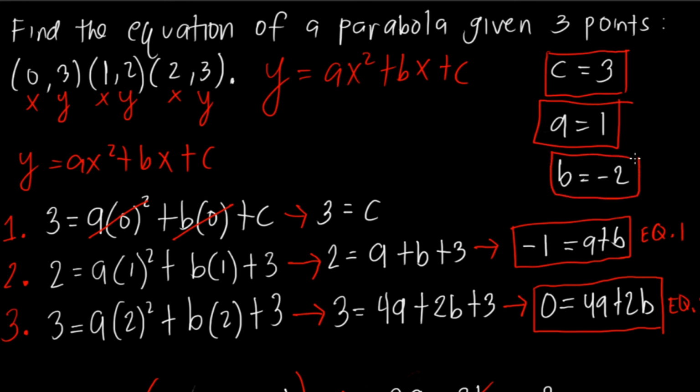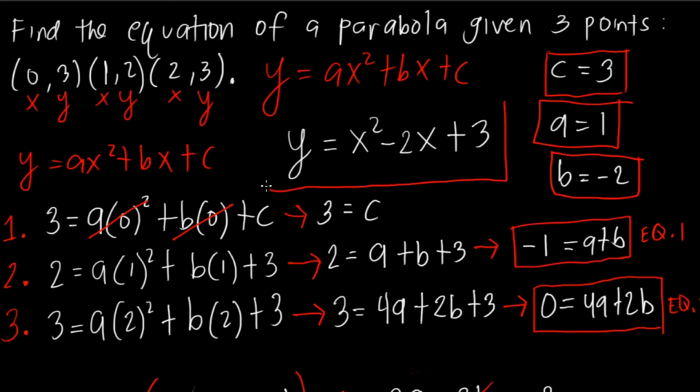Ipapalit lang natin yan dito. So y equals ax squared plus bx plus c, then ang final answer is y equals x squared minus 2x plus 3. And congrats, this is the final answer.